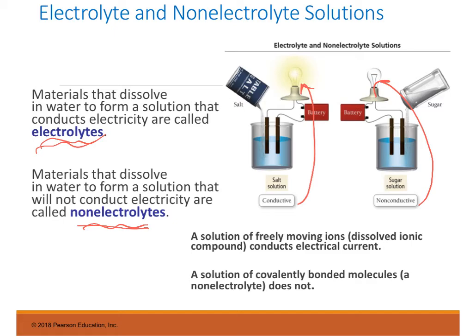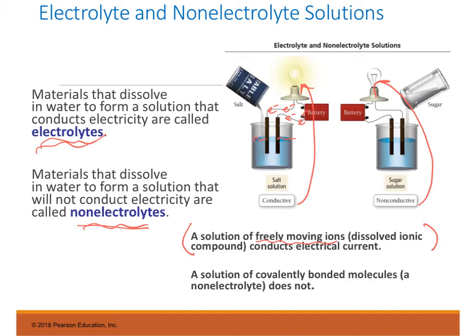In order to conduct electricity, and I'm not sure if you remember, electricity is simply the flow of electrons. So anything that conducts electricity must be able to interact with those electrons and move them around. You have to have freely moving charged particles, ions, in order to conduct electricity in a solution.